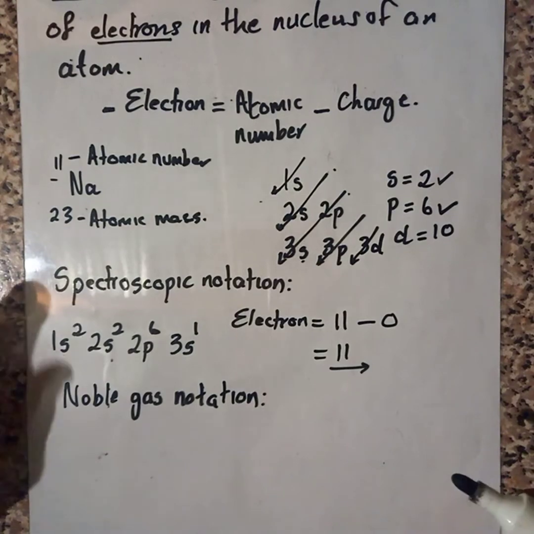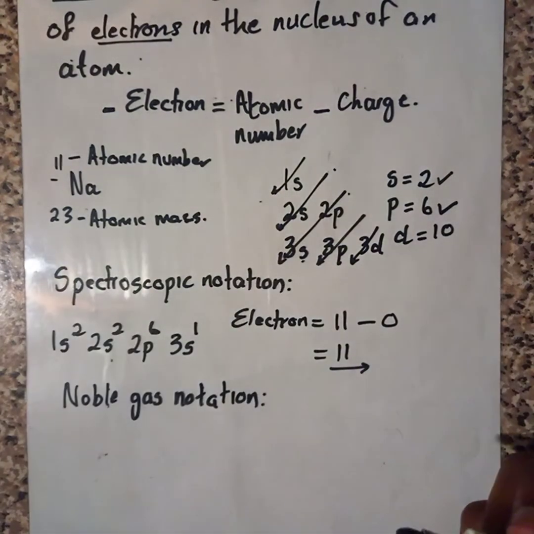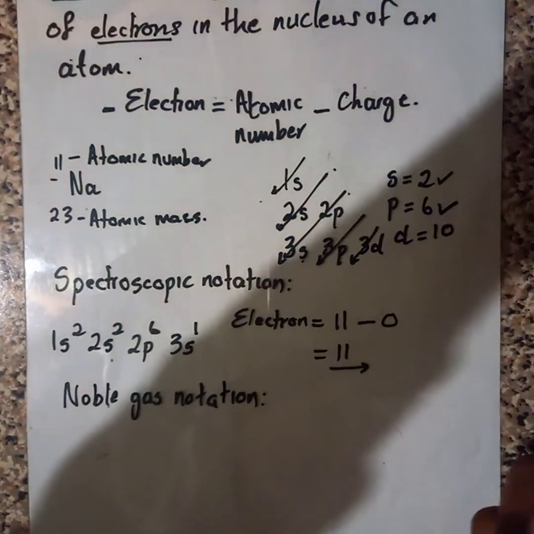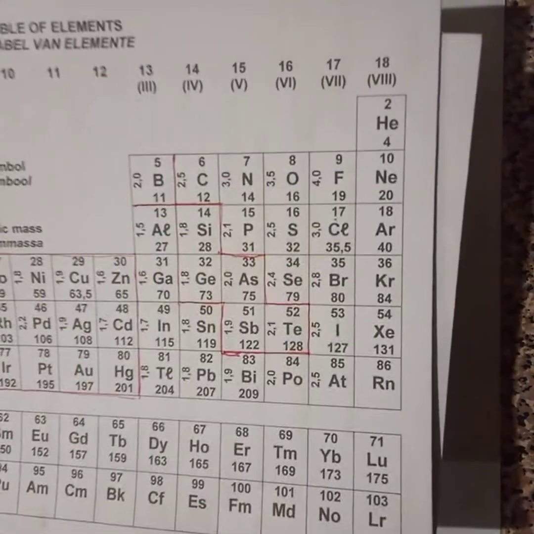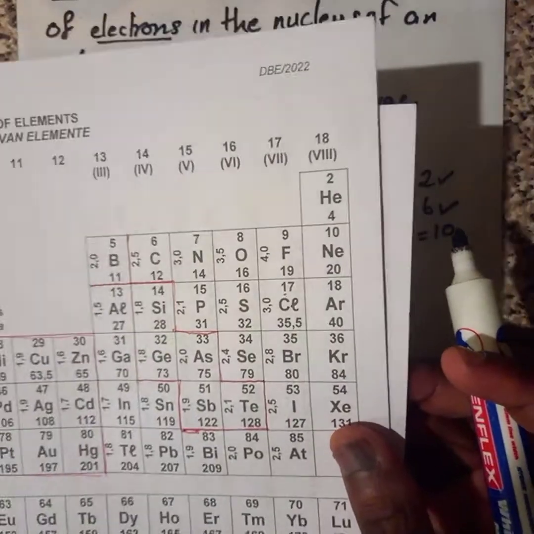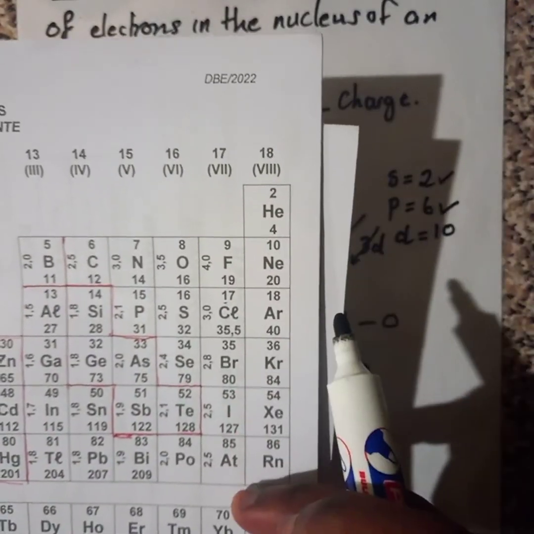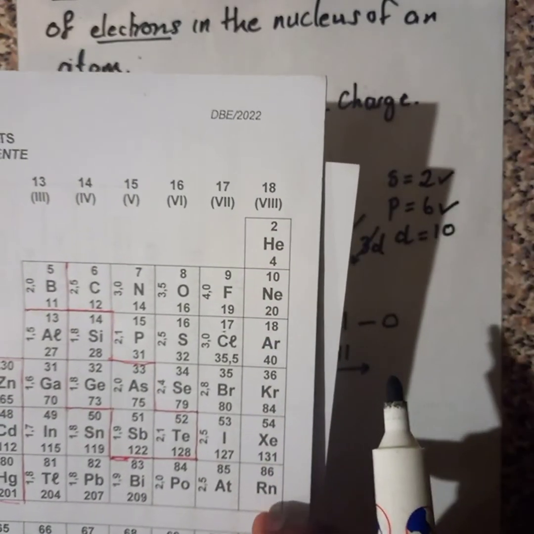Then now, how are we going to approach this question for noble gas notation? It's so simple. Do you still remember? I also have a periodic table. Do you still remember all the elements in group 18? Those are the noble gases. You see? Those are the noble gases.